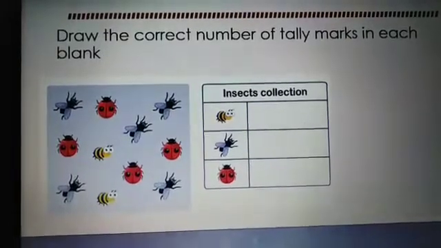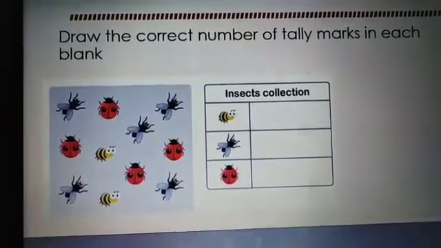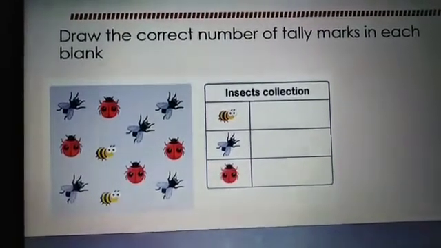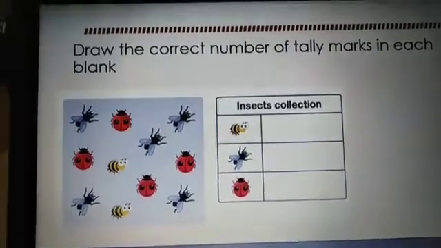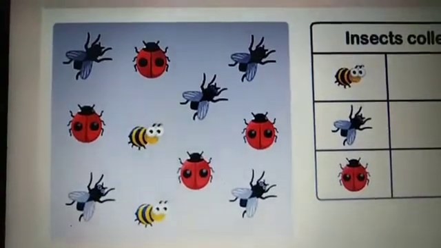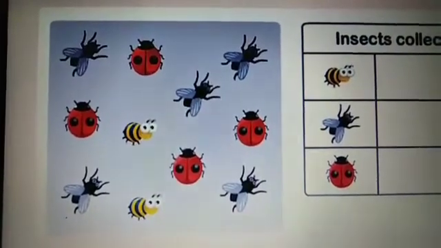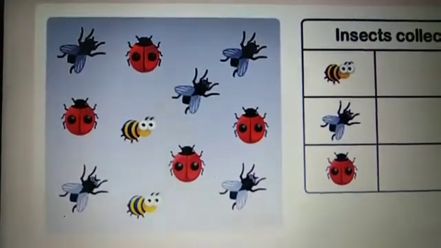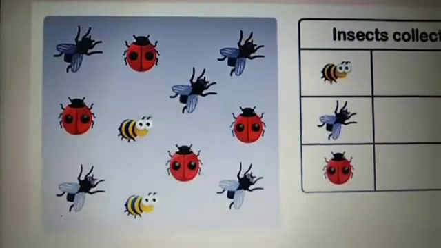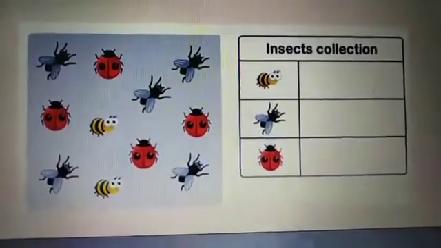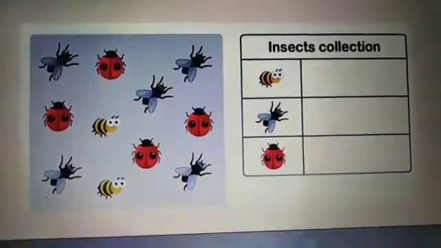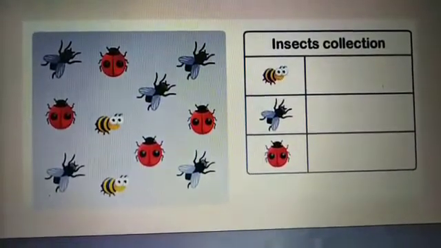Here is an example on tally charts. We will see this example together and try to draw the correct number of tally marks in each blank. As you can see here, there are 3 types of insects: bees, flies, and ladybugs. In this tally chart, we have to show in tally marks how many insects there are.